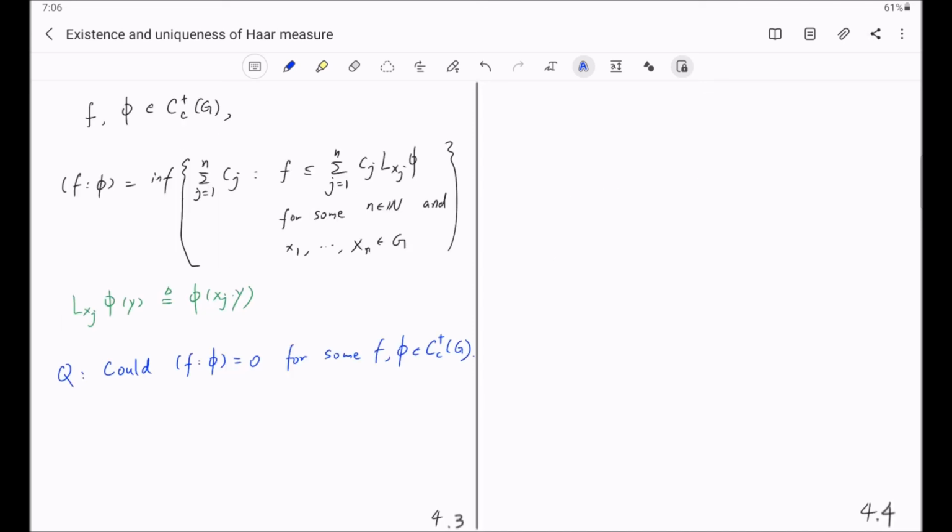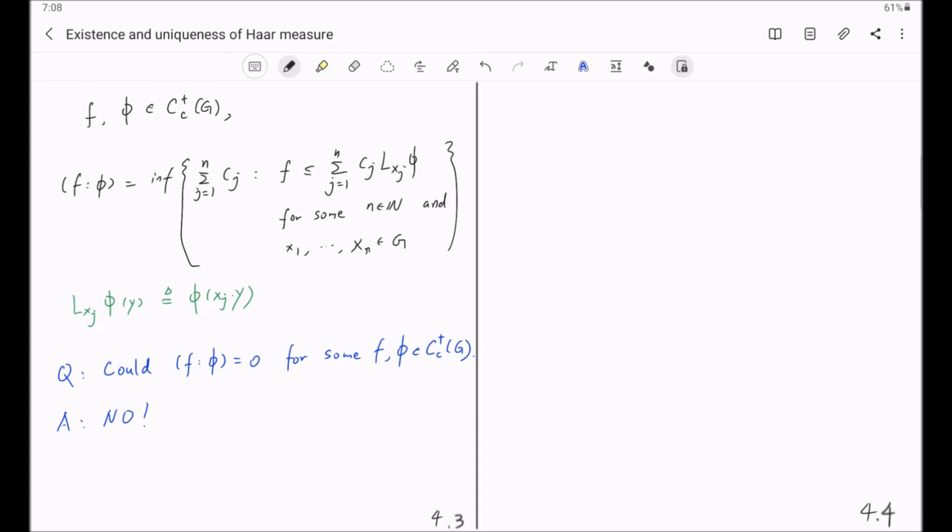And in order to let quotients make sense, it would be great if we have non-zero covering numbers for all f and phi in CC plus G. The answer is no. F column phi will be non-zero for any f and phi in CC plus G. That is great, because then we'll be able to take quotients.